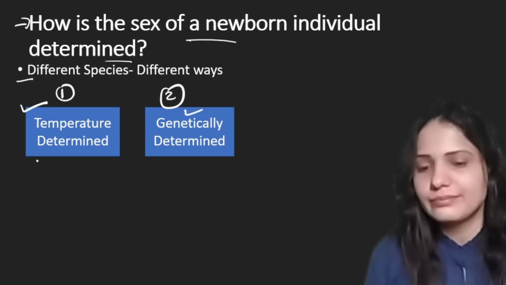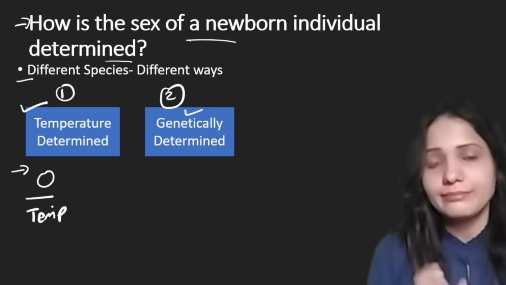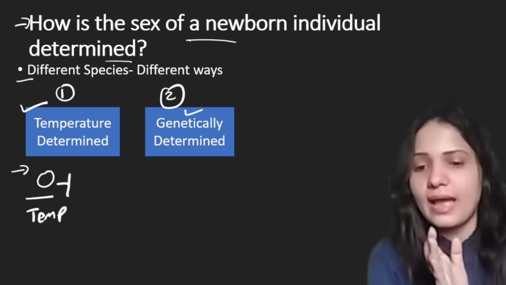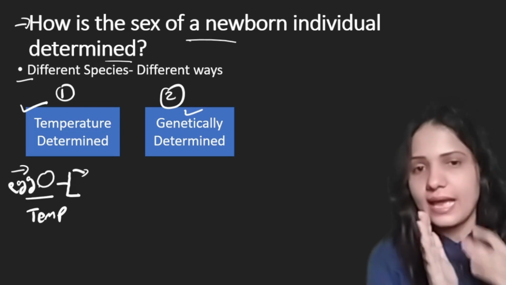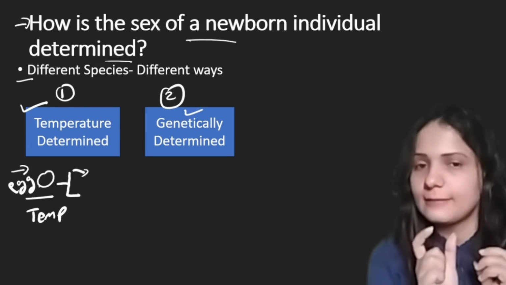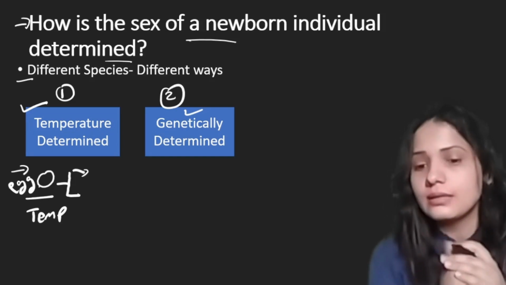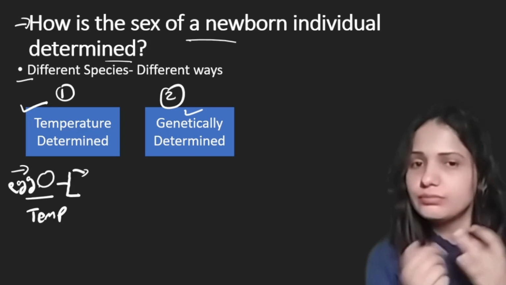In case of temperature determined, the temperature at which the egg is kept will decide the sex of the animal. Let's say this is an egg, and this egg is kept at a specific temperature. Now the value of this temperature will decide whether this egg will grow into a male animal or a female animal.